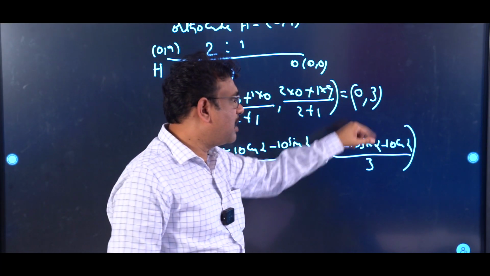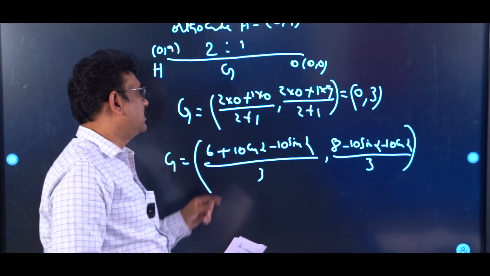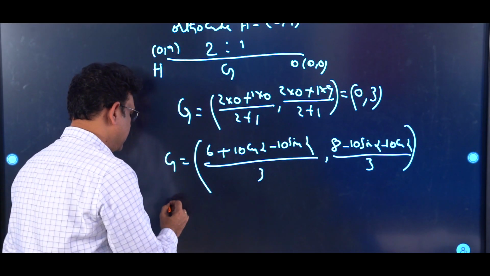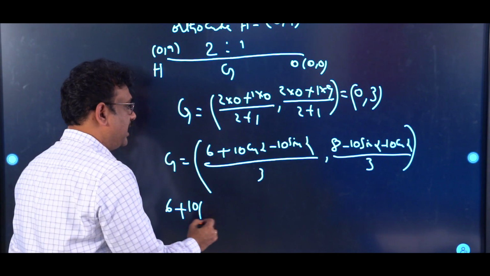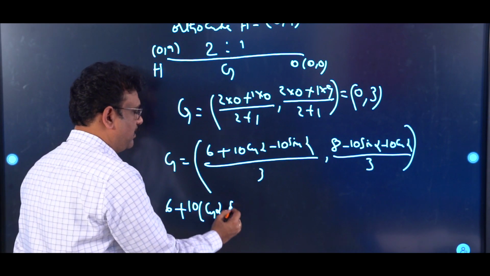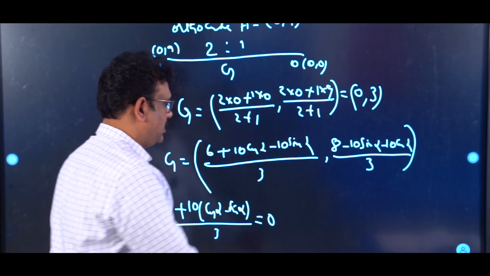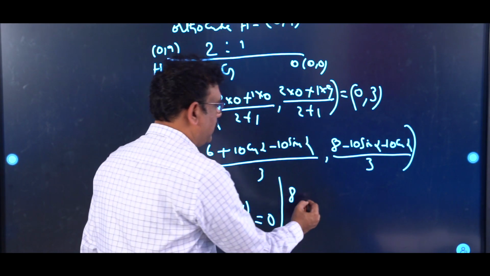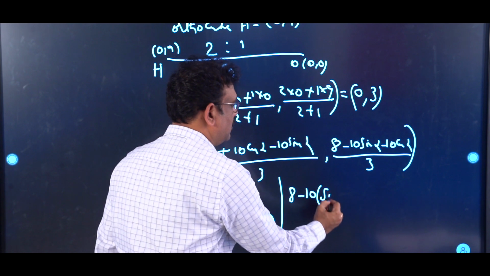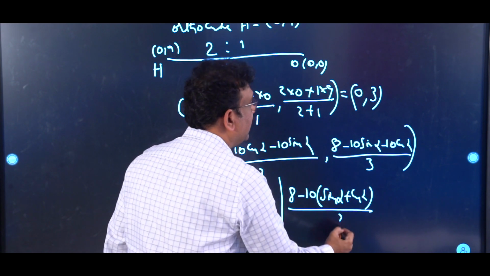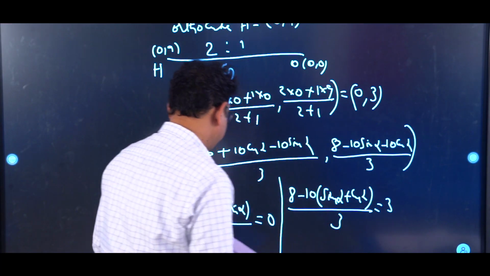Now we are given (0, 3) also as the centroid of the given problem. So equating them, we get (6 plus 10 into (cos alpha minus sin alpha)) by 3 is equal to 0. Next, (8 minus 10 into (sin alpha plus cos alpha)) by 3 is equal to 3.